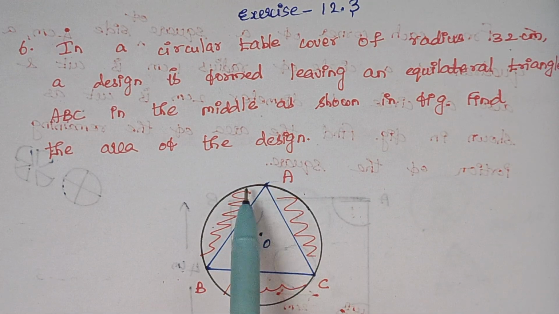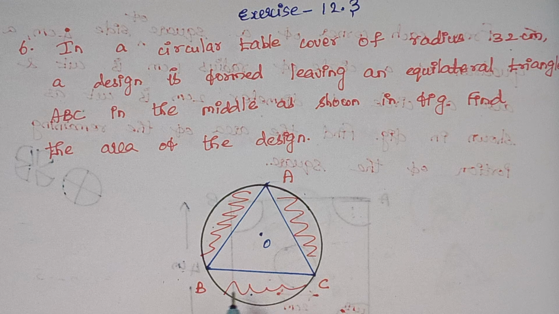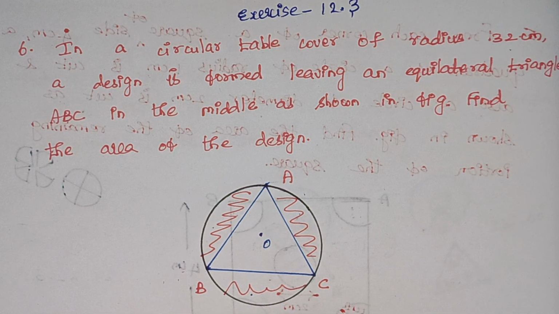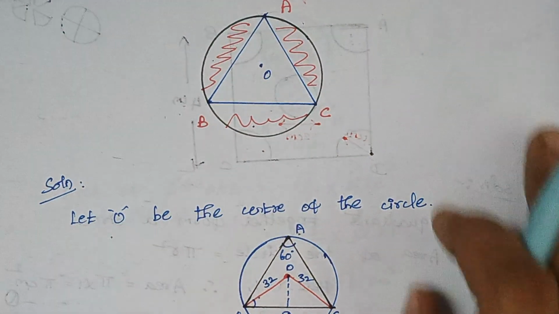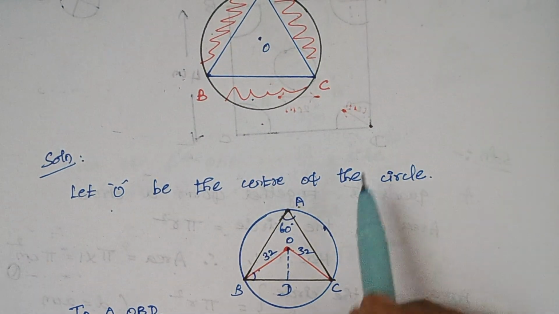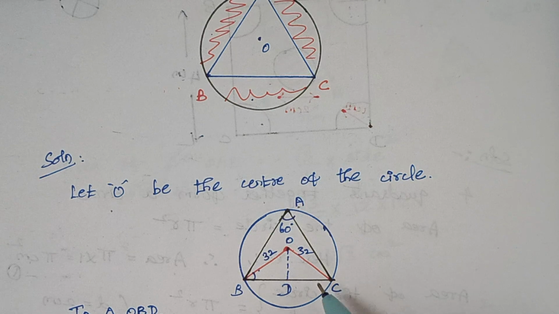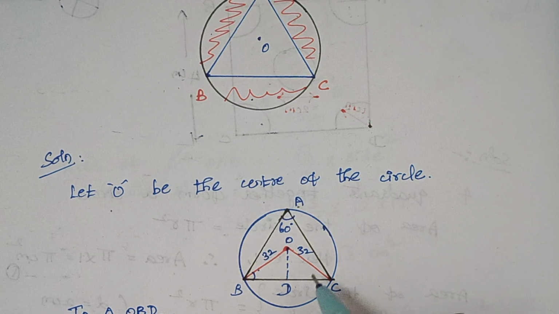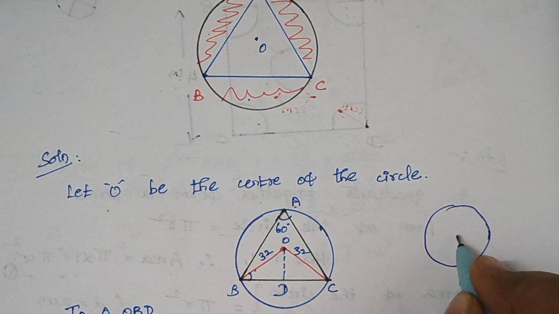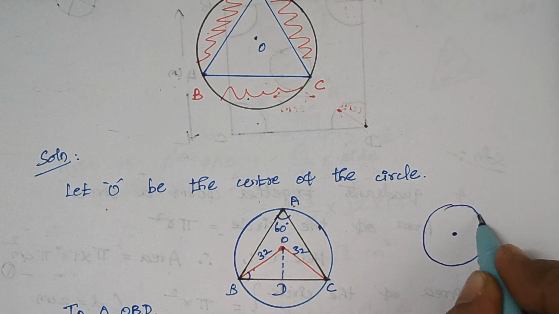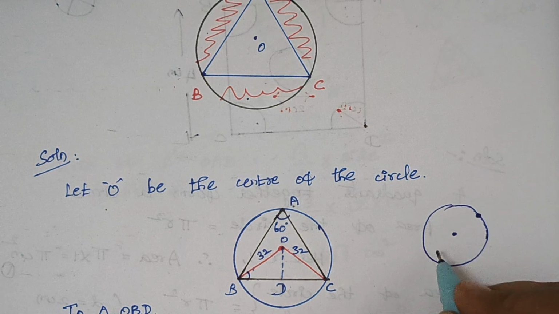Now we are going to find the area covered by this design, right? Here is the same diagram, but I have included the radius. What do we mean by radius? A radius is a line which connects the center to any point on the circumference of the circle.